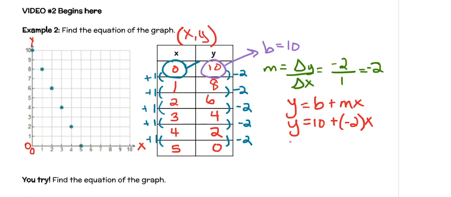So make sure you just get it. I would just rewrite it as Y equals 10, and because this is a negative, it's going to be -2x, and that is your answer. Okay? It's starting at 10, and it's going down by 2. And you're going to be talking about that rate of change thing in the graph in Algebra 1 when it comes to slopes.